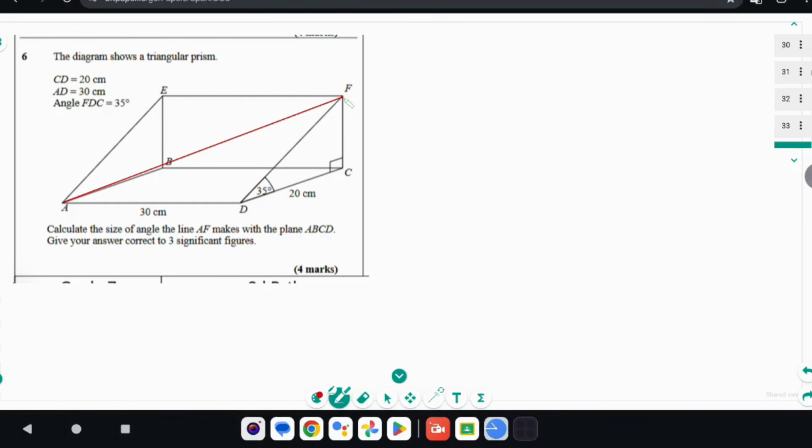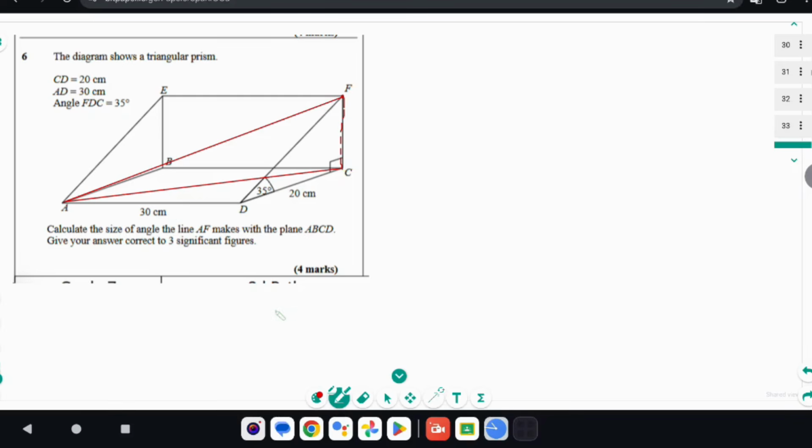Now, A is already on that surface, so we need to drop a vertical line down from the point that's not on the surface, which is F. Then we join it to our other point A, because it's a line AF.